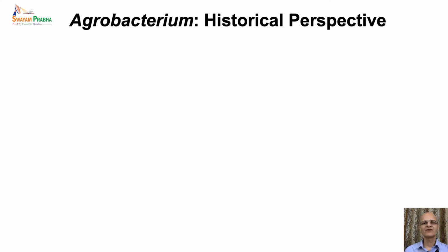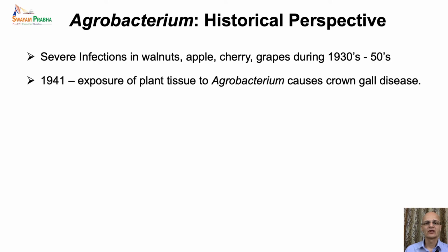Now, let's have a quick look at the historical perspective of the Agrobacterium biology. In the early 1920s or 30s, massive scale infections of tumors were reported in fruit orchards, like in walnuts, apples, grapes, etc., which led to huge economic losses. And therefore, efforts were put in to identify the problem and take care of the disease.